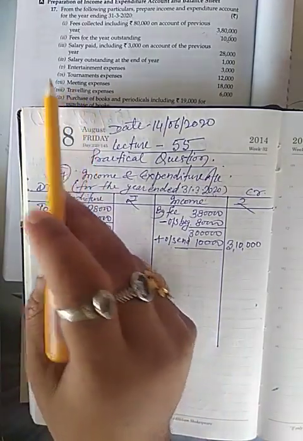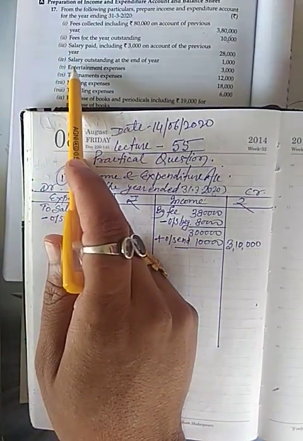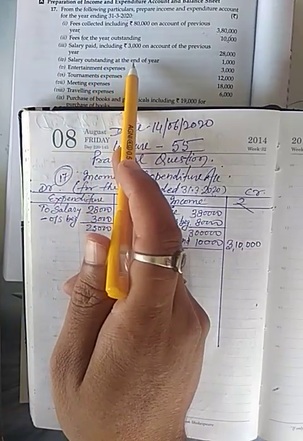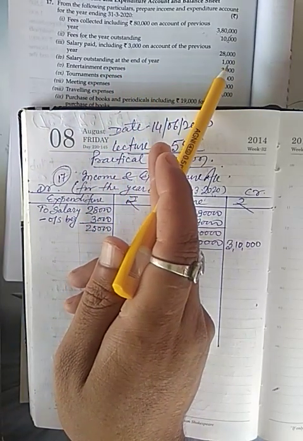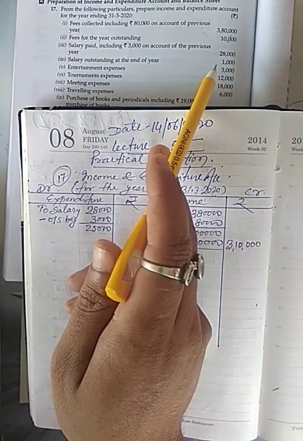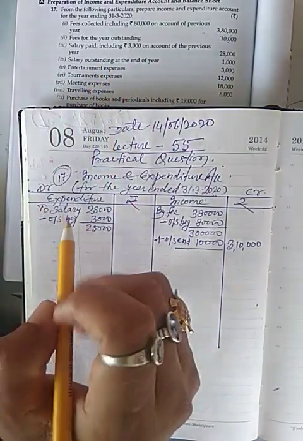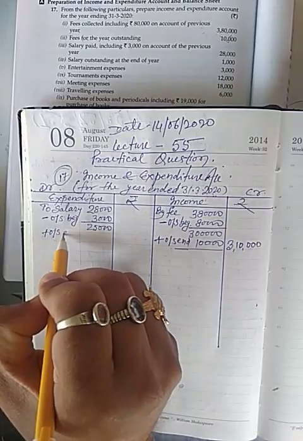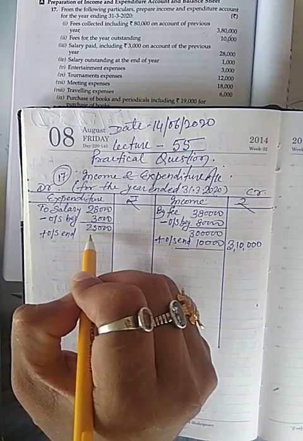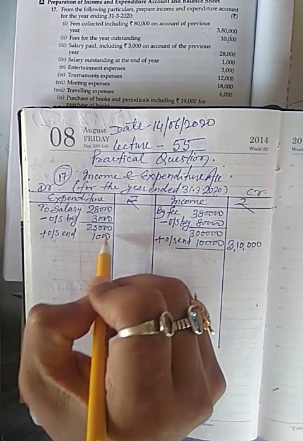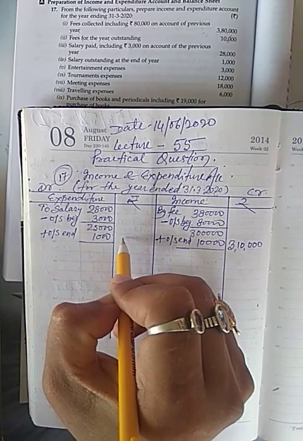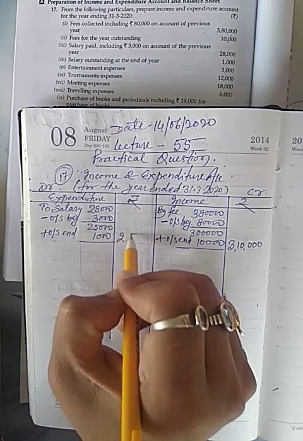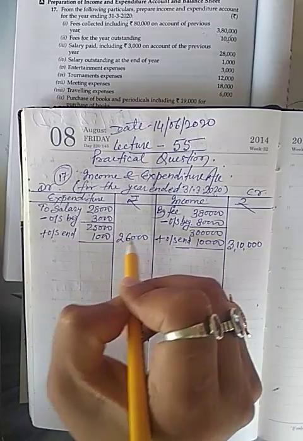Now the fourth point is salary outstanding at the end of the year 1,000. So I will add outstanding salary at the end of the year 1,000. Hence the total will be 26,000.